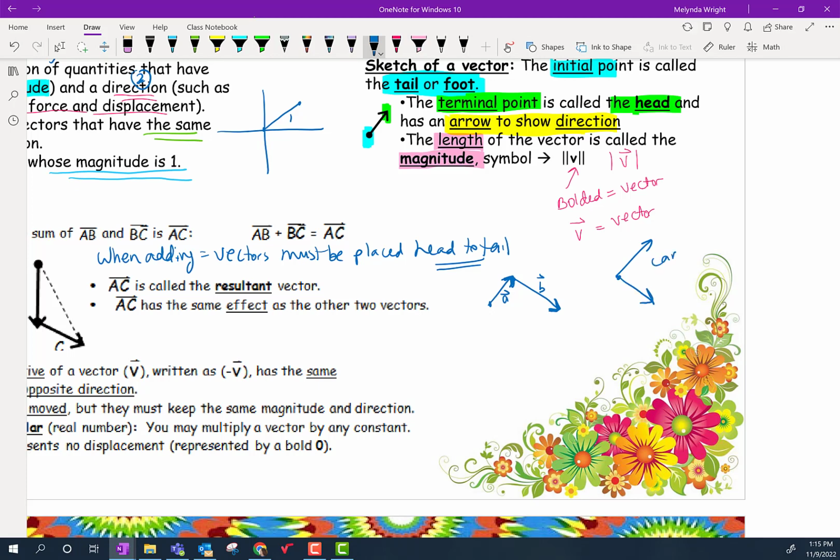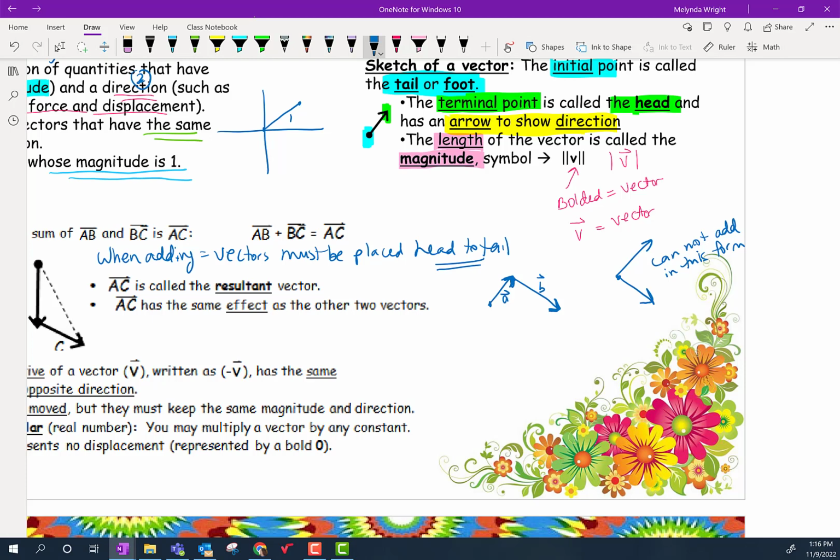We can't add them like that. They have to be head to tail. That's an important distinction as we're working through the geometric representation of vectors, knowing the way they have to be written down on paper so that we can add them.